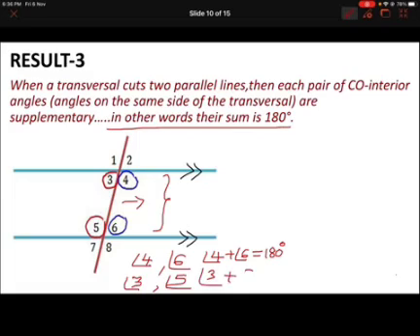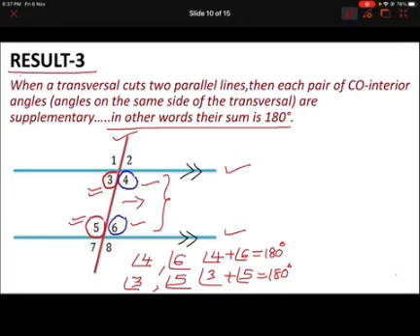Similarly, angle 3 plus angle 5 is 180 degrees. That is result 3.